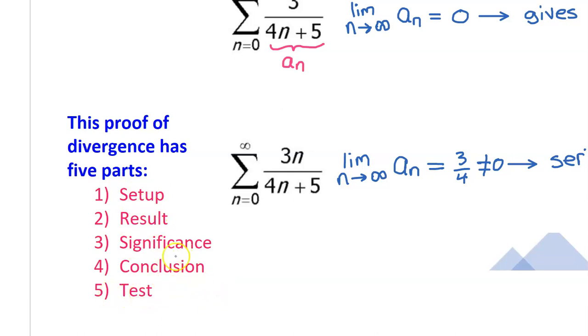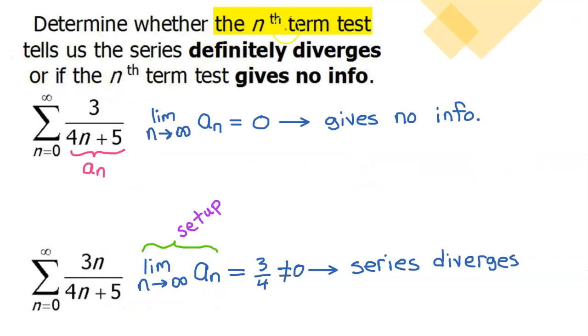Let me show you what I mean. For the nth term test, we always start by considering the limit of the rule as n approaches infinity. So that part is the setup. Then we found the limit, and it turned out to be 3/4. So that's the result. But what's the significance of this number? What aspect of 3/4 tells us the answer?